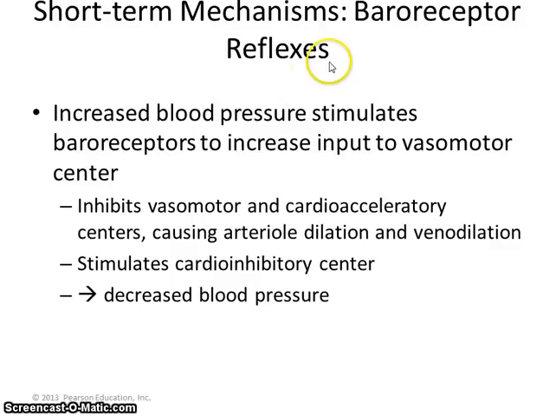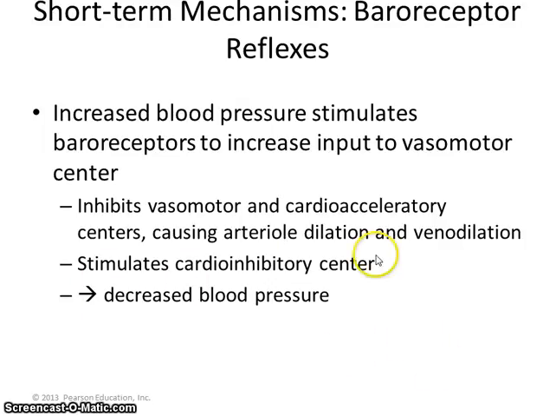So if the blood pressure is too high, baroreceptors send information to the cardiovascular centers. And what do we want to do to decrease blood pressure? We can decrease our cardiac output by decreasing our heart rate. We can also have the blood vessels dilate and decrease our peripheral resistance.